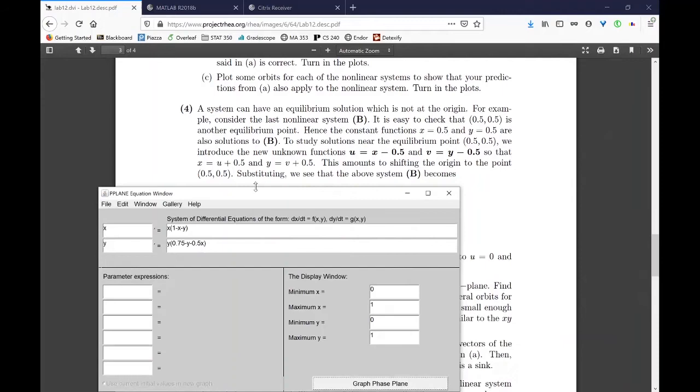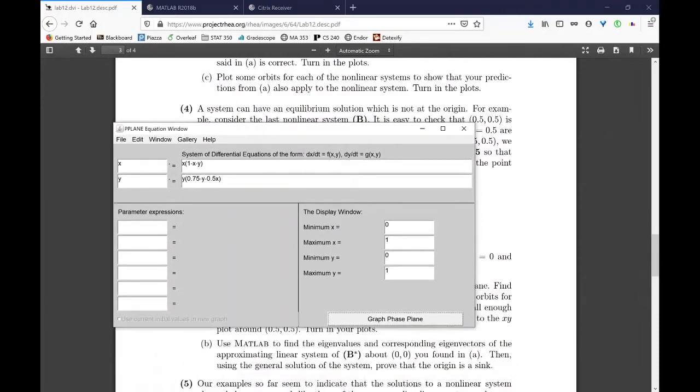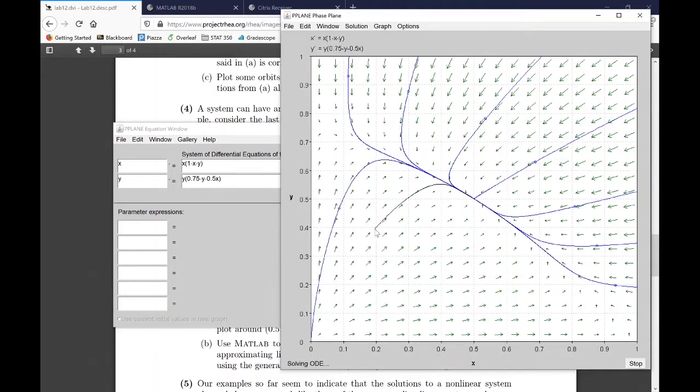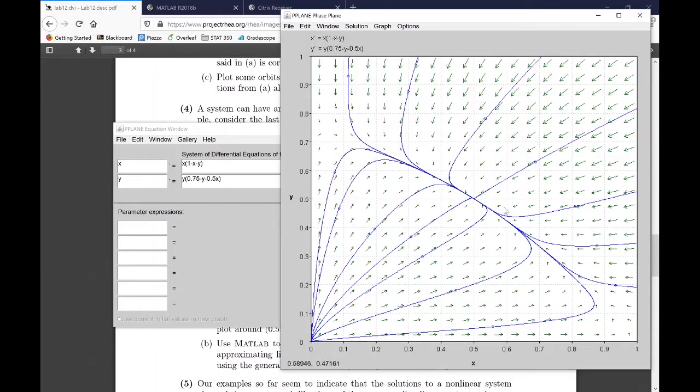So let's start with our original system of differential equations, B. So here we can see this right here, and we're going to use the constraints from x and y from 0 to 1, because 0.5 is in between there. So if we graph this, we can see that our point right here, 0.5, 0.5, seems to be a nodal sink.